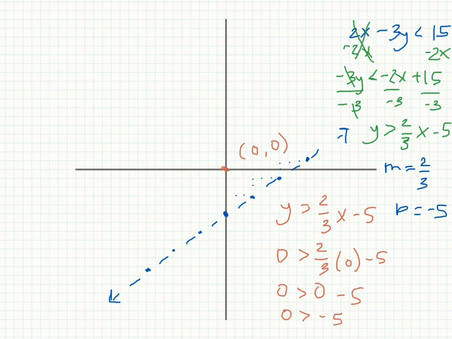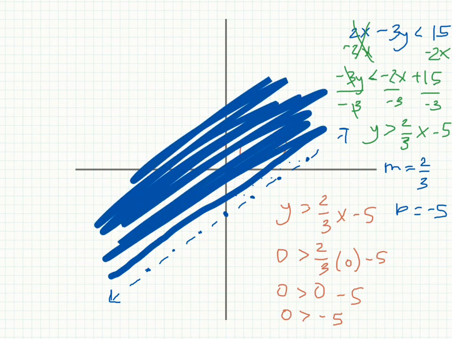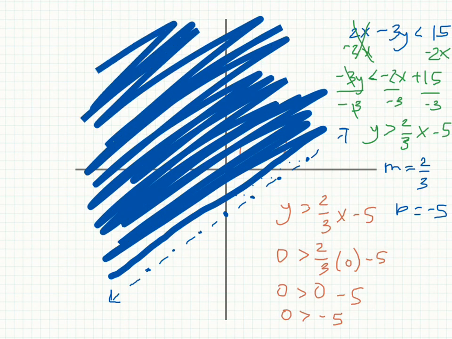Because that is a true statement, I need to shade the side that has this test point. So make sure that test point gets included in the shading.